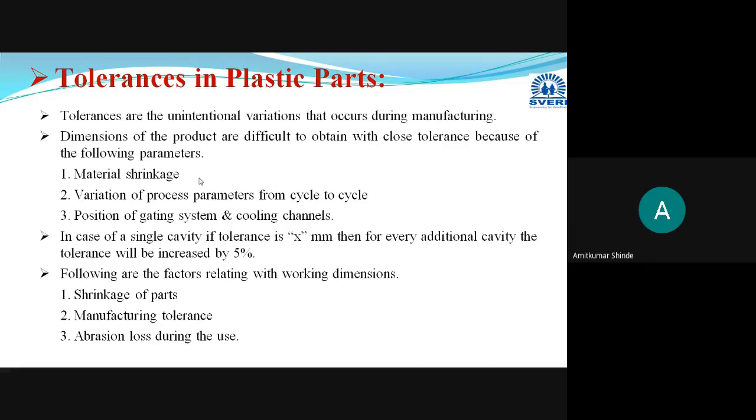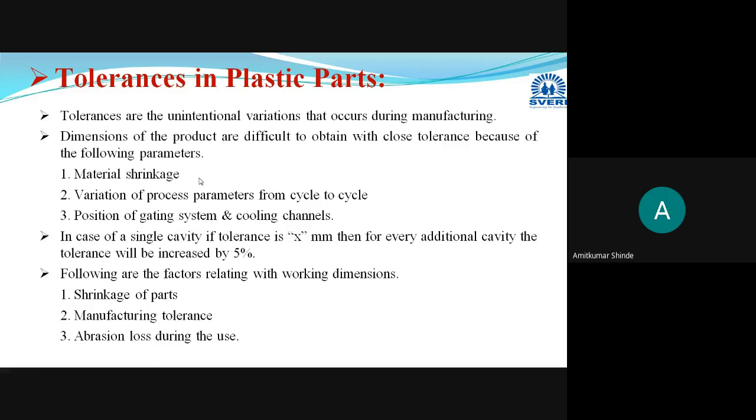Suppose you want to manufacture a tube with internal diameter 5 millimeter, then you will provide a value 0.02, means that much variation. If you get the product having diameter 5.02 millimeter, then it will be accepted. Above that it will be rejected.